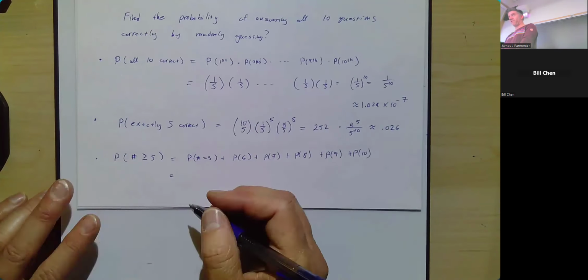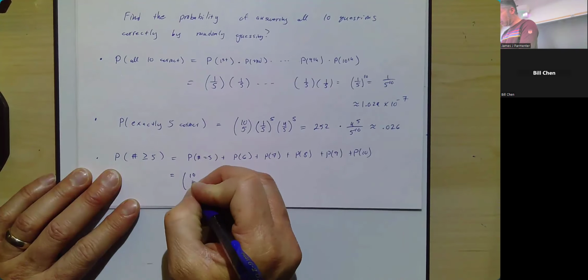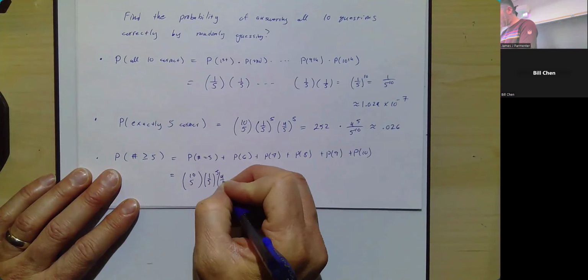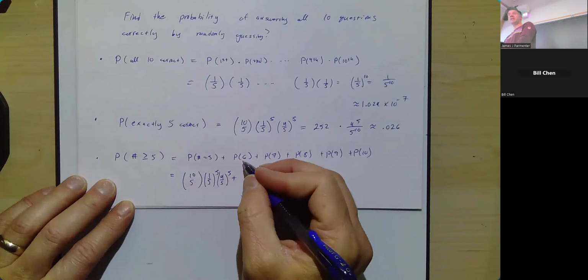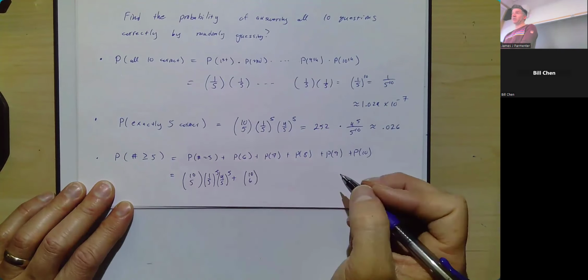So I'm going to write out a couple of things and then you can kind of see the rest. That's going to be 10 choose 5 times 1/5 to the 5th times 4/5 to the 5th. And then if I want to get 6 right, it's going to be 10 choose 6. I have to pick which 6 I'm going to get right.